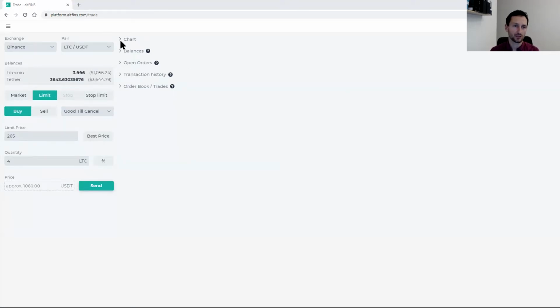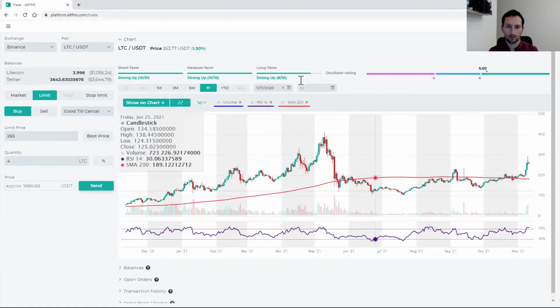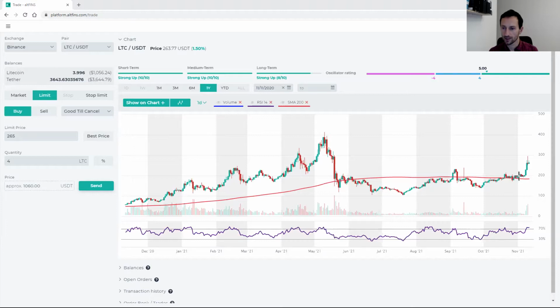We didn't actually set the stop losses. I may do that here. I should do that here. So the most recent swing low here for Litecoin is around $200. So I would put the stop loss just under $200.